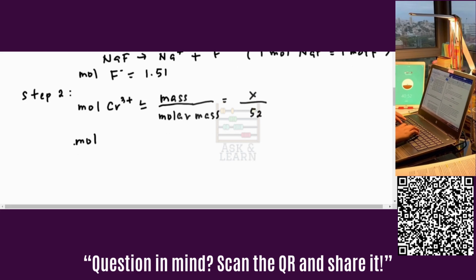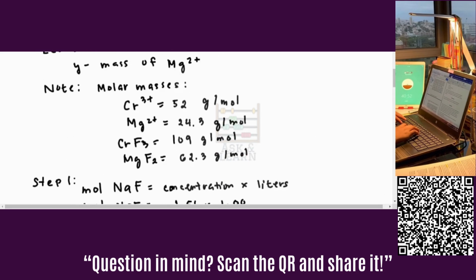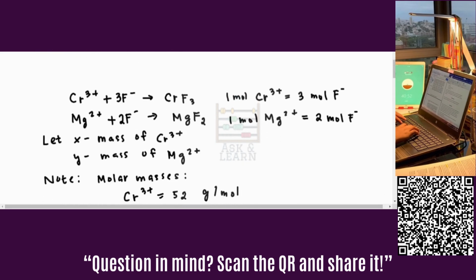We also do the same for magnesium. So we have y over 24.3. And let us convert this into moles of F minus. So what we will do is to relate the moles of the chromium and magnesium ions with the moles of F minus by using the relationship in the balanced chemical equation we have here.